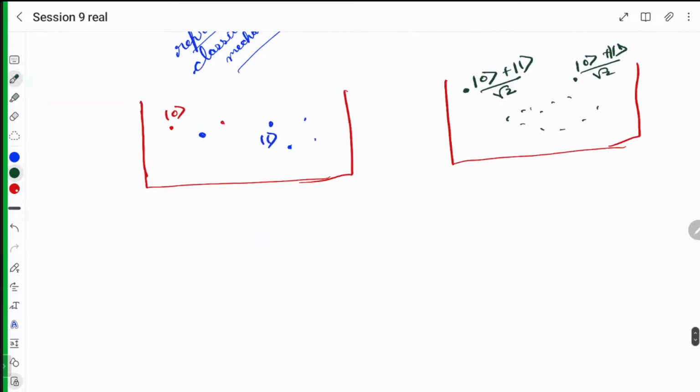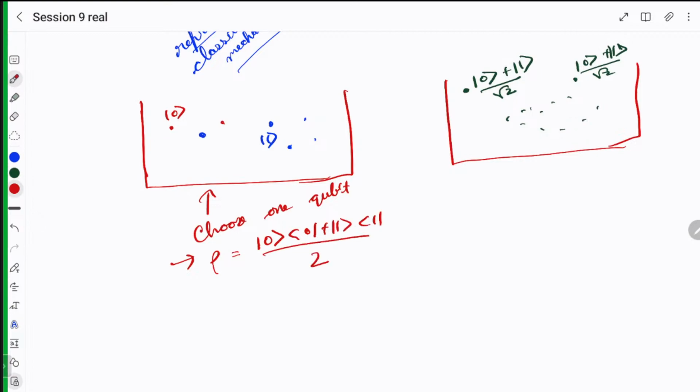So here, if you choose one qubit from the first box and try to tell its state, because of subjective ignorance, you would get 0 0 plus 1 1 by 2. And here, there cannot be any subjective ignorance because every one of them is in 0 plus 1 by root 2.